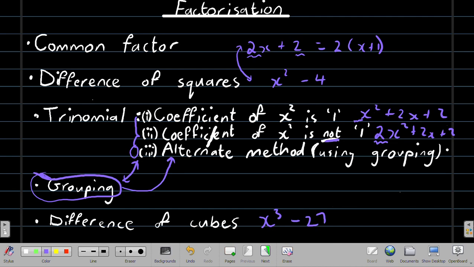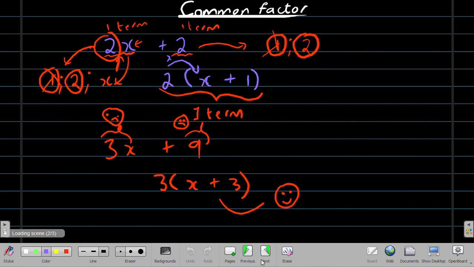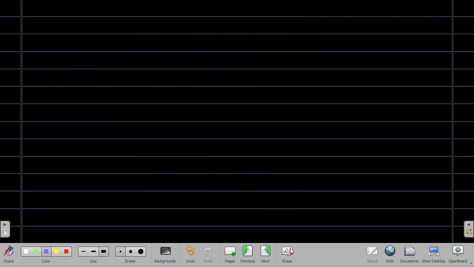All right, let us start with common factor. In general, before we even get to common factor, the philosophy of factorization.